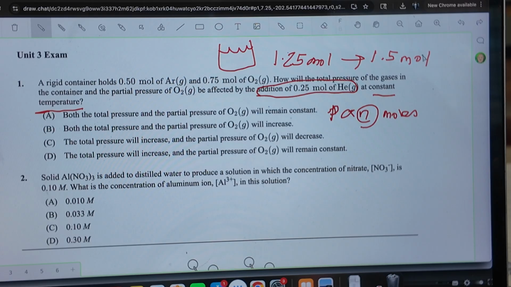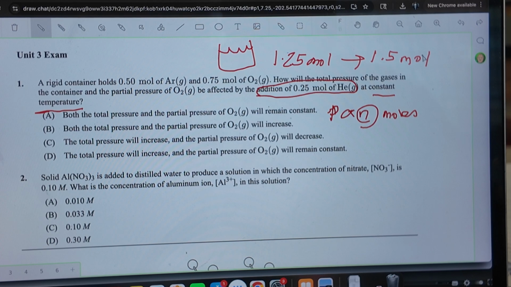And so the total pressure has to go up, because there's more gas particles now. Think about it: if you were to have a bag or a water bottle and you blow more air into it, the pressure increases.